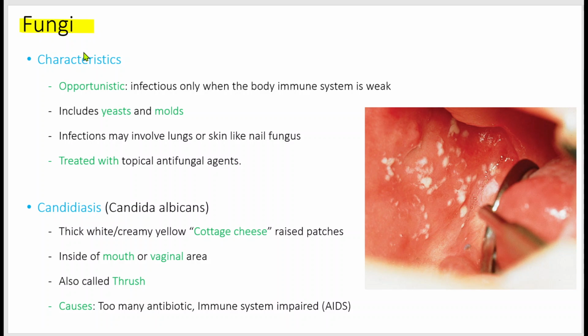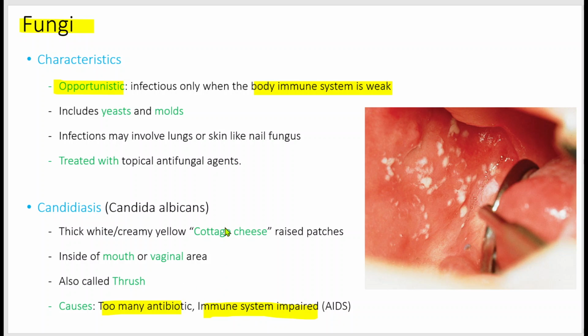Fungi is the other type of microorganisms that we're talking about. Fungi is considered opportunistic, which means it is an infection that happens only when the body's immune system is weak, like if you have too many antibiotics, or you have immunodeficiency like AIDS.